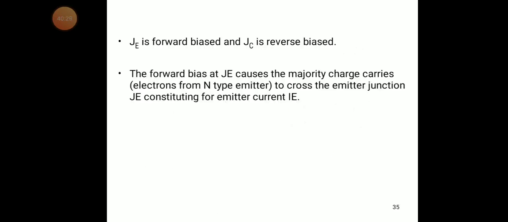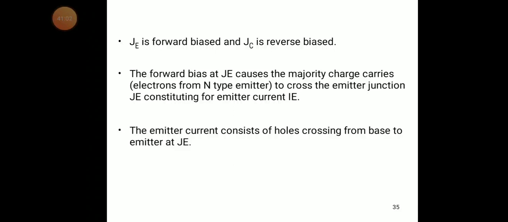So once again we try to discuss. Emitter junction is forward biased and collector junction is reverse biased, as I mentioned. The forward biased emitter junction causes the minority charge carriers, electrons from the N-type emitter, to cross the emitter junction, constituting the emitter current.